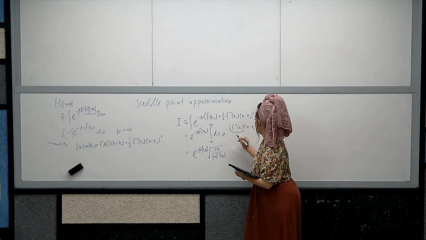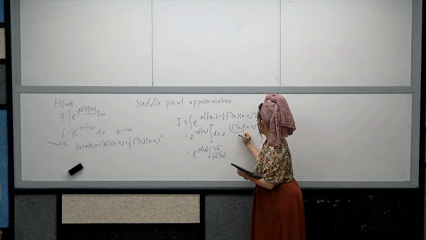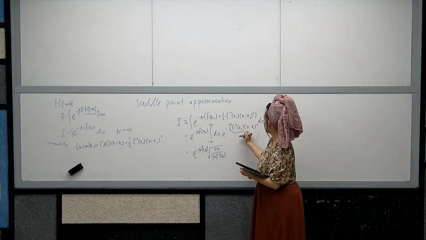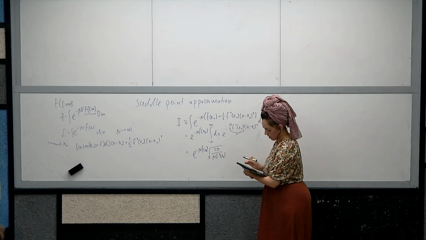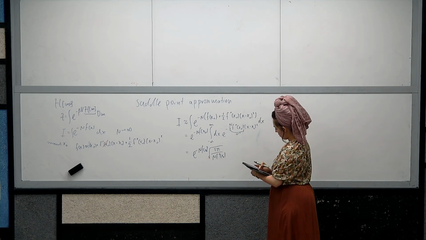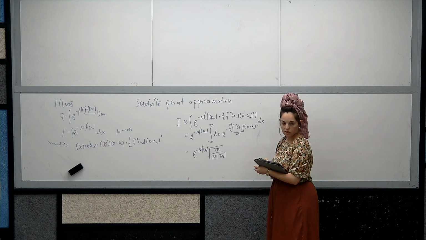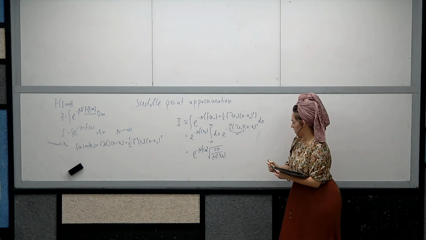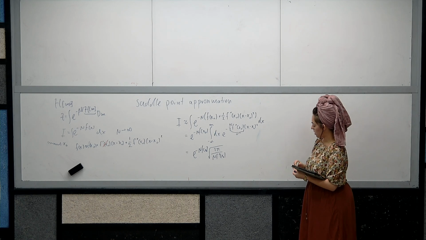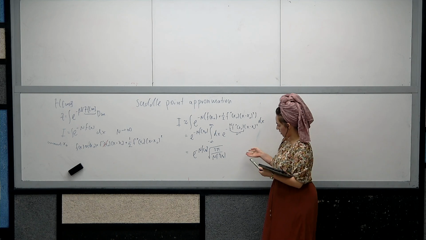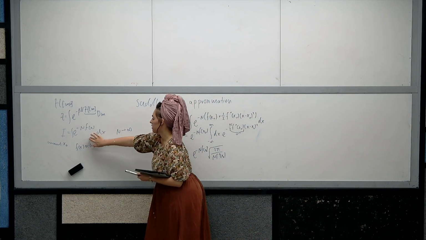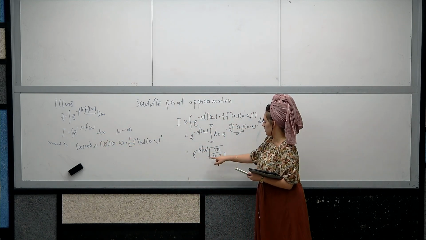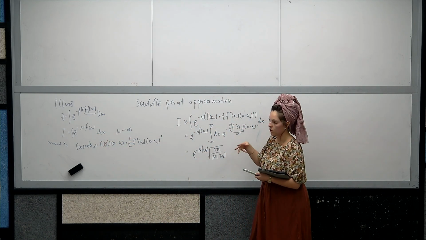It looks like some kind of sigma. Wait, I dropped the n. Okay, it's okay so far. So basically this shows that in integrals like that, the only important contributions are close to the minimum.